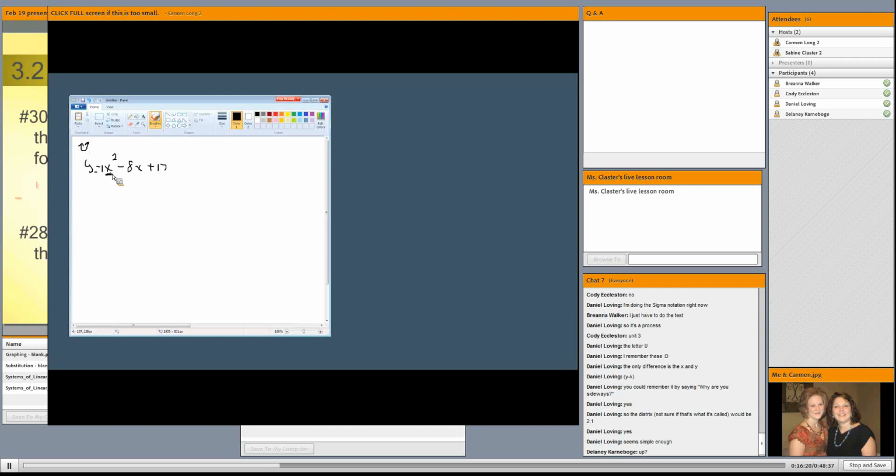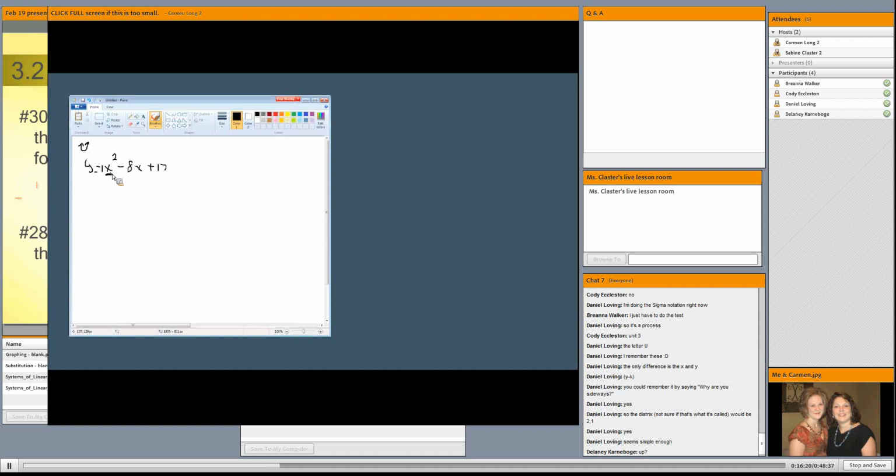Okay, now we need this to be in the format of 1 over 4c times x minus h squared plus k. We need it to look like that. So what we're going to do is take these x terms and complete the square. Remember how to complete the square? If you don't, we're going to practice it.